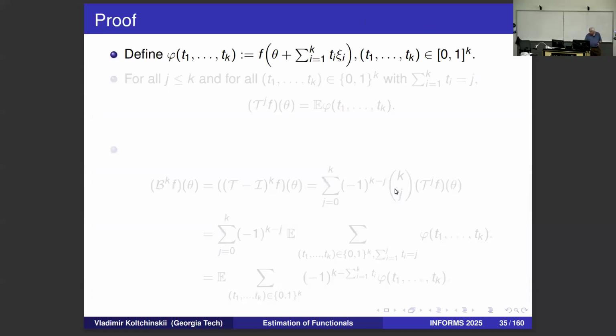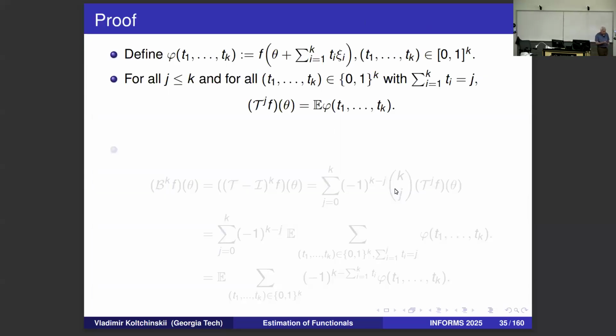When we are doing this in this function phi, we are doing essentially the same. Since all coordinates are zero except j coordinates, we are adding j independent copies of noise xi still. They are different copies, but it does not matter for the computation of the expectation. It will be just equal to T^j f of theta.